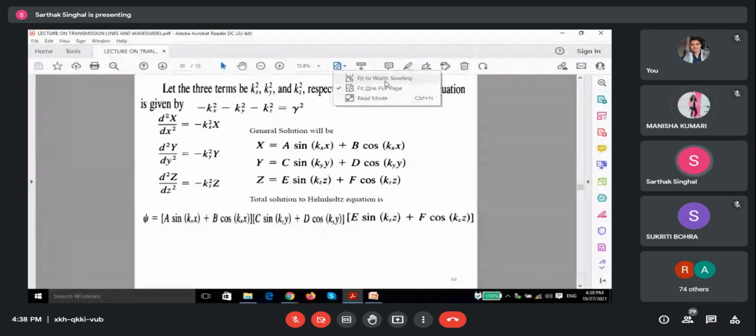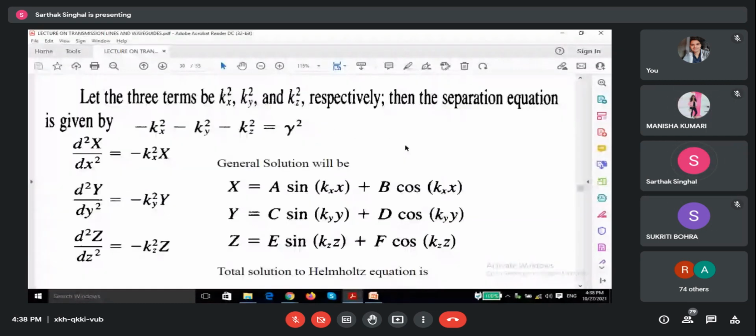So what will be the solution of this first equation? What will be the solution of this equation? Will it be like this?